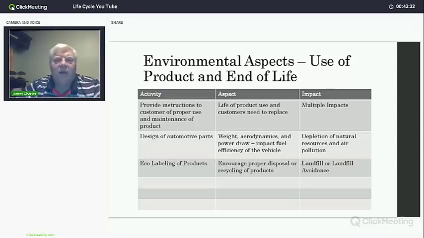Things like eco-labeling, labeling of components so they can be better recycled, again, would be a way that we could influence the proper disposal of our product. But for most of us, there probably won't be a lot of activities or aspects associated with these two stages.